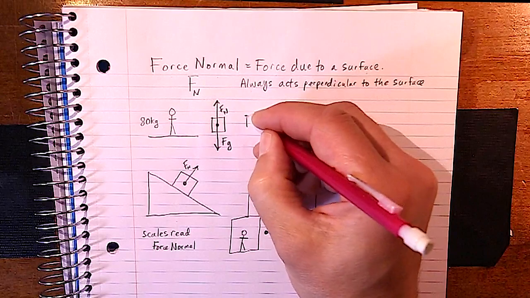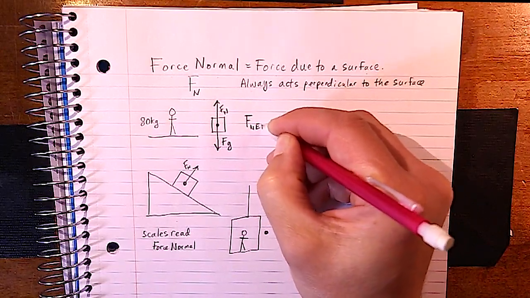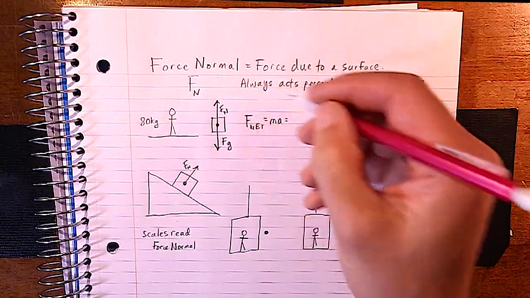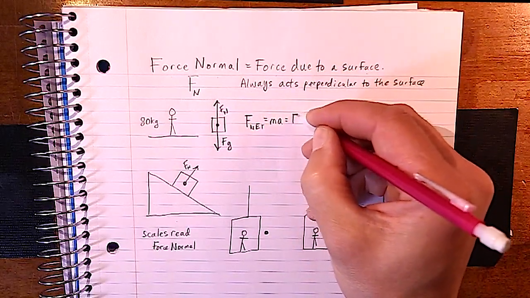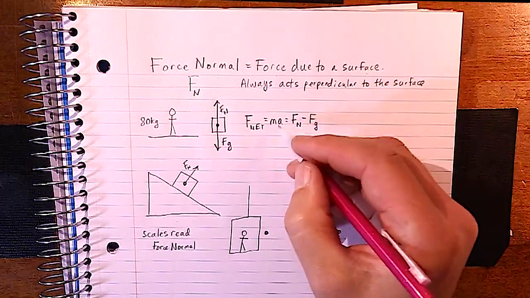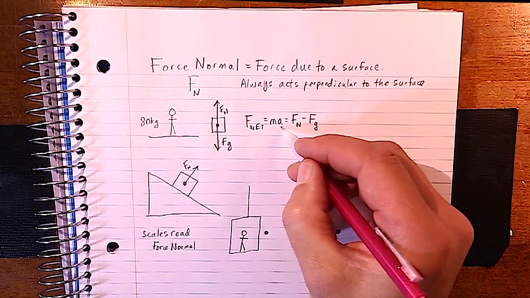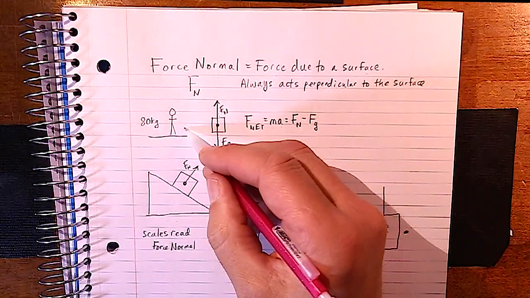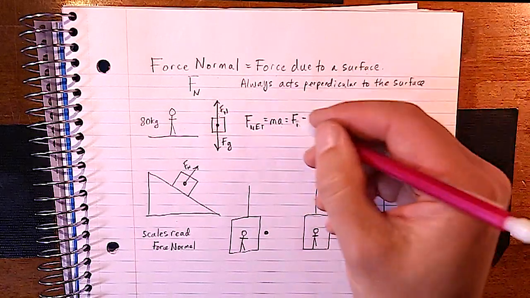So we could say Fnet equals ma equals, we'll call up to be positive, so that would be positive Fn minus Fg. Now, what is the mass times the acceleration? The net force is zero, so the acceleration is zero, they're at rest, so they're not moving.